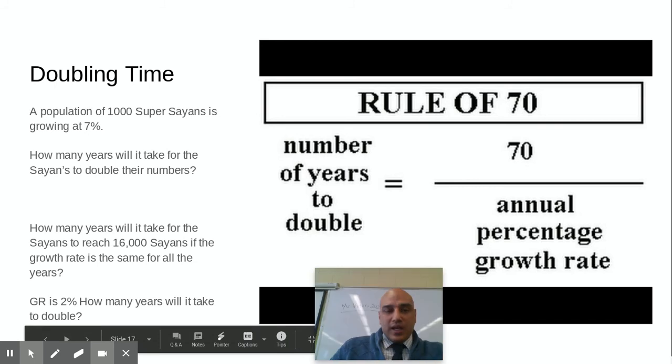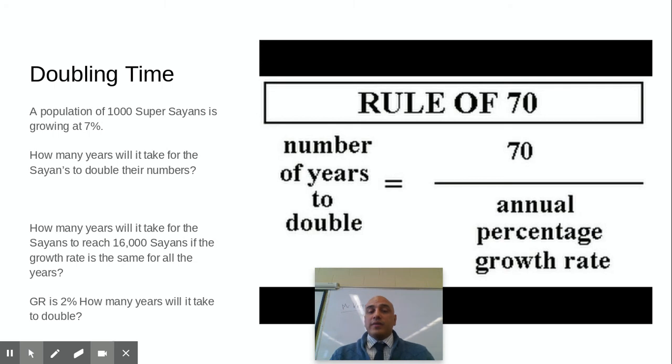Growth rate is 2%. How many years will it take to double? So we'll take 70 divided by 2. That's 35 years. In 35 years, the population could double with any population that has something like that. This means this is significant. Okay, you could look at the growth rates for each individual country now and figure out what could possibly happen if something doesn't happen to the growth rate.